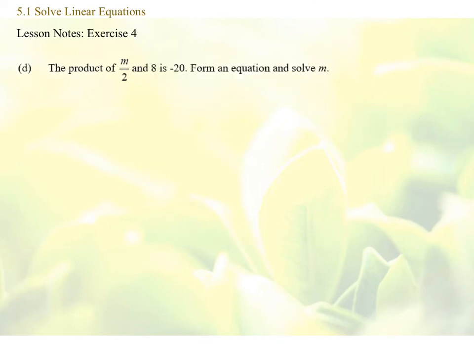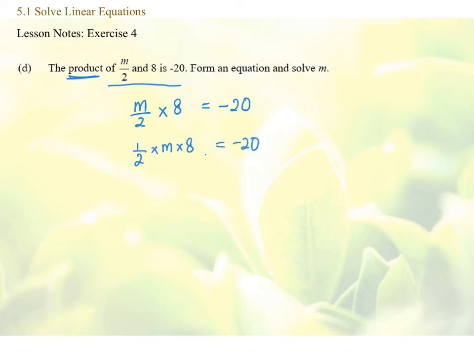The product of m over 2 and 8 is negative 20. Form an equation. So product means m over 2 times 8 is equal to negative 20. What is m over 2 times 8? That is actually half of m times 8. So what can we do?